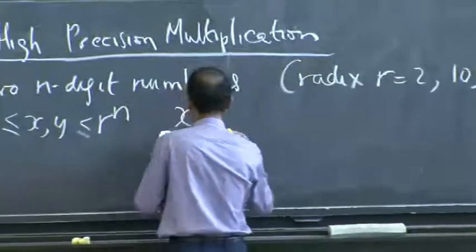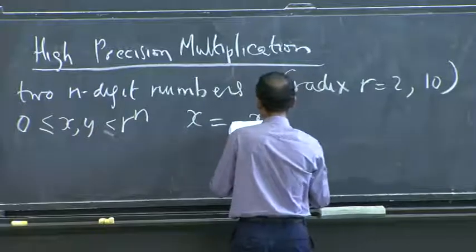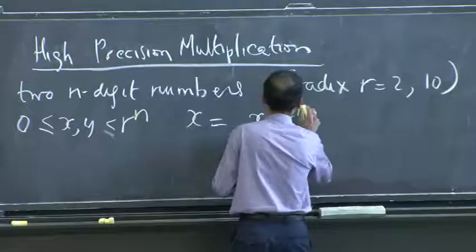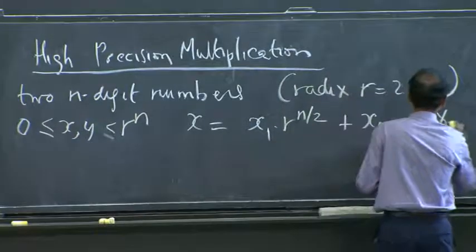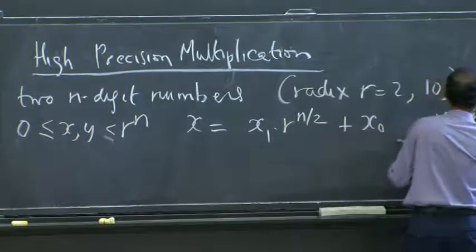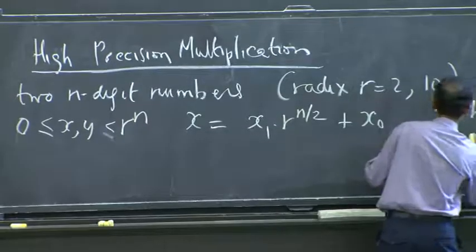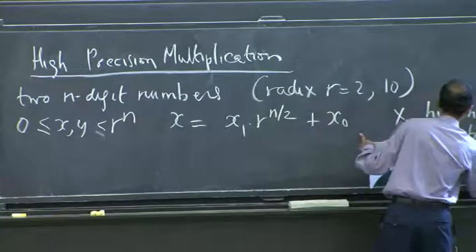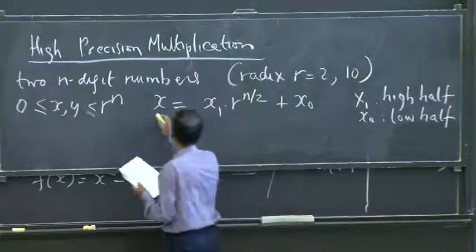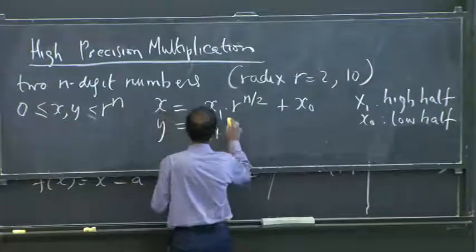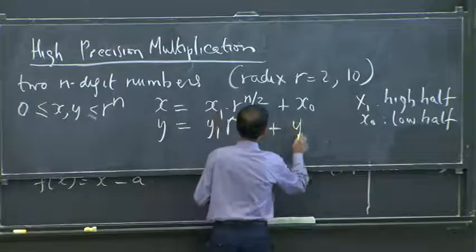So what we have here is you set x to be x1, where x1 is the high half, r raised to n over 2 plus x0. So x1 is the more significant half, and x0 is the low half. And the same thing for y: y1, r raised to n over 2 plus y0.